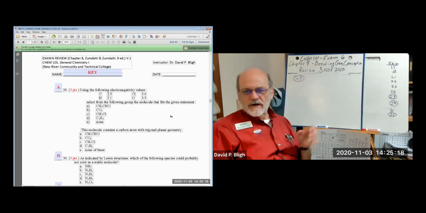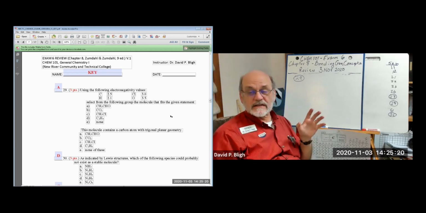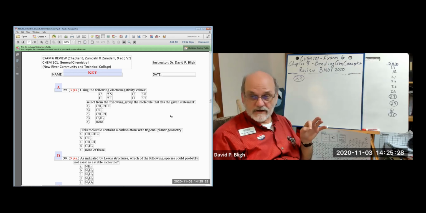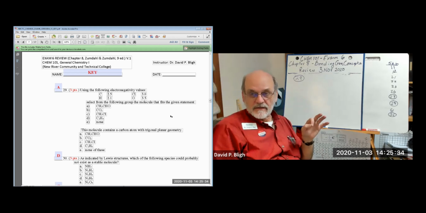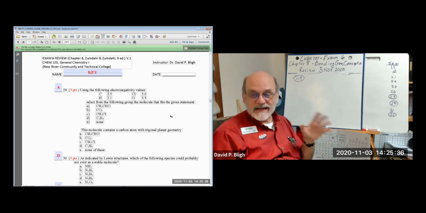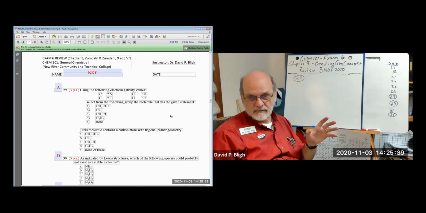The effect that the electronegativity has on the geometry is telling you, based on the localized electron model, where do the lone pairs, if there are any, reside? They're going to reside on the more electronegative atoms.